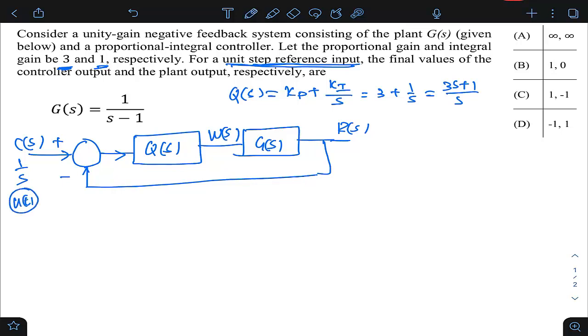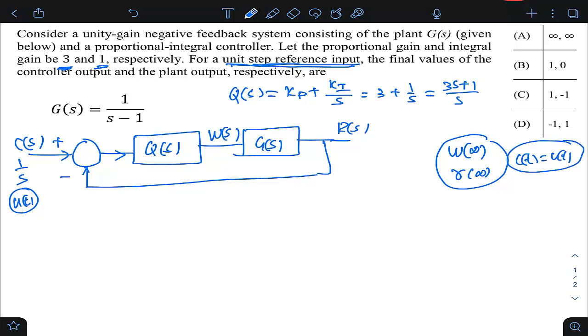If the input is unit step, what is the final value of controller output and plant output? Controller output is W of S, plant output is R of S. Final value means we are supposed to find W of infinity and R of infinity, for the input c(t) equals u(t).